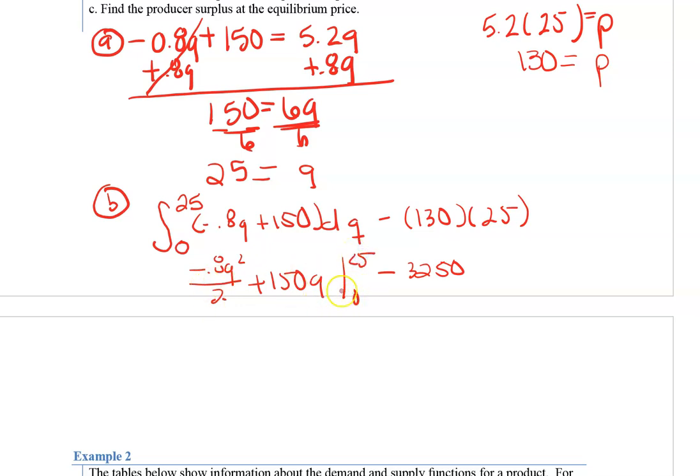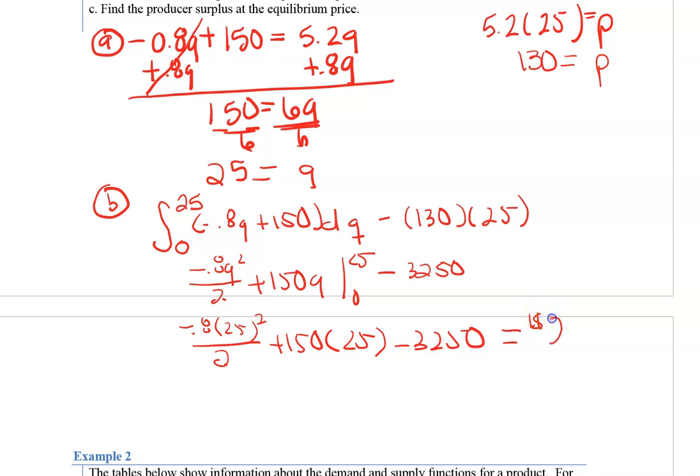You can see plugging in 0 wouldn't give me any value, so I'm just going to plug in 25 into that function. So we're at negative 0.8 times 25 squared over 2, plus 150 times 25, and then subtract your 3250. This will give you a total value of $250, and that is your consumer surplus.